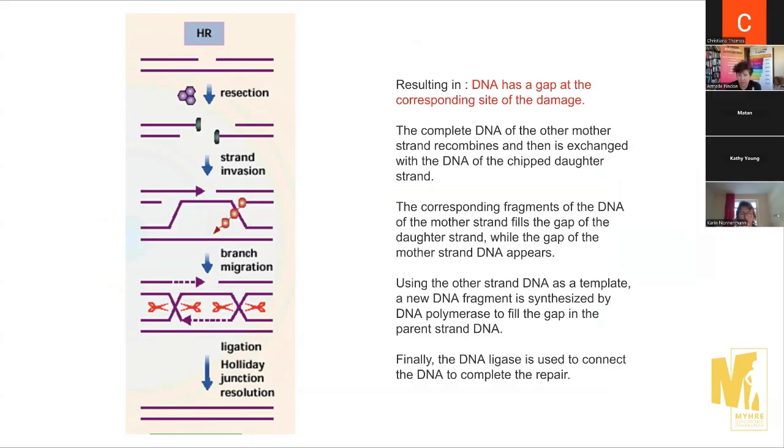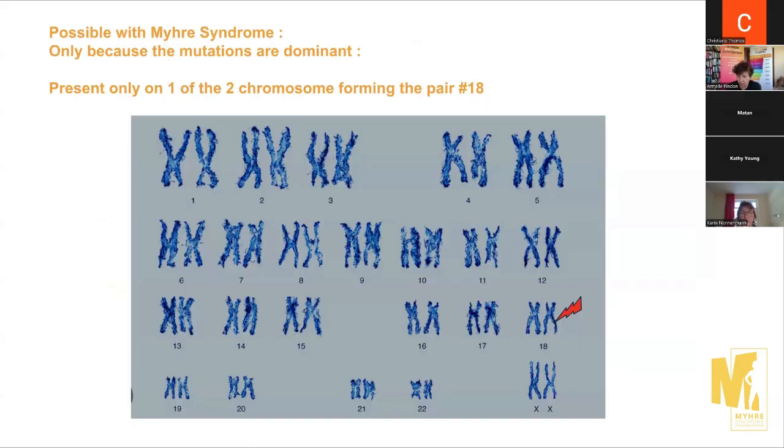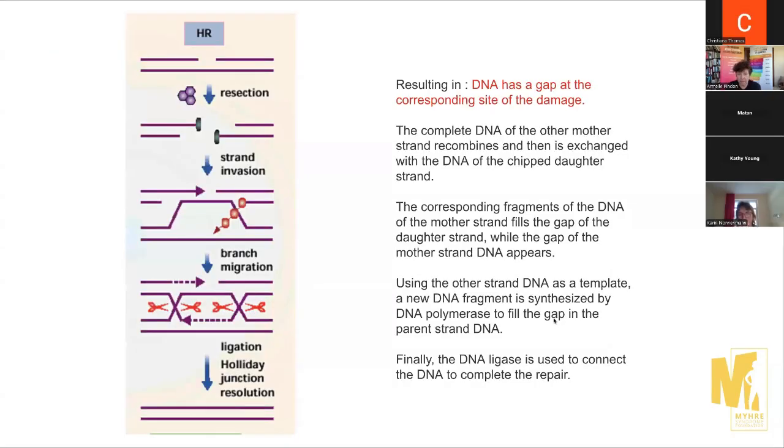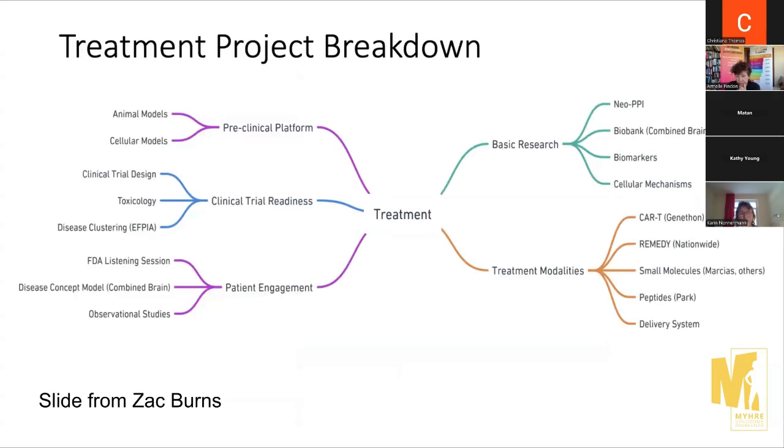Basically, what happens is that the other chromosome, the one that doesn't have any mutation, will come close to the chromosome that is now damaged with the CRISPR-Cas, and the body will use that as a template to repair. And then at the end, it's repaired. I'm not going to go into the details of the DNA repair.